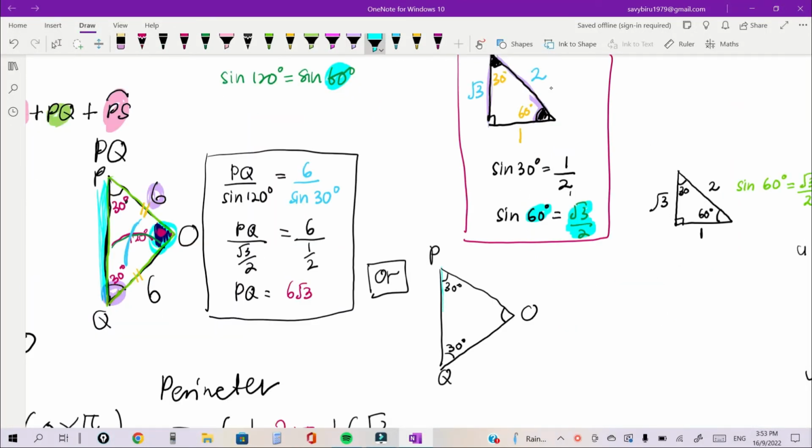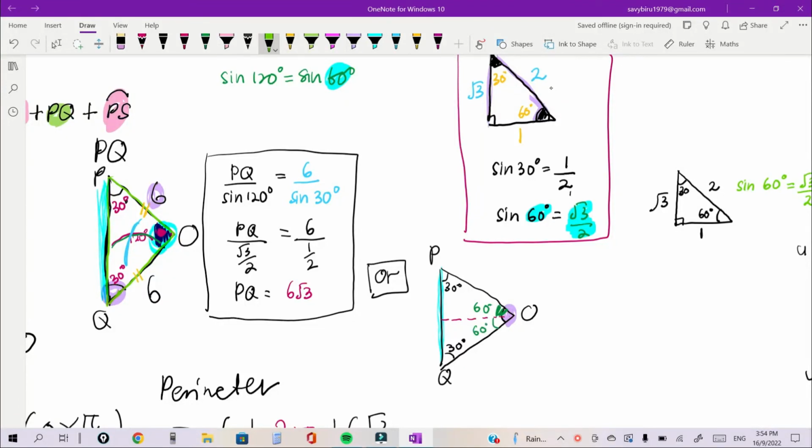You can also find PQ using Pythagoras. We can draw a line here. Altogether the angle here is 120, right? After you divide the triangle by 2, here is 60 degrees, here is 60 degrees.